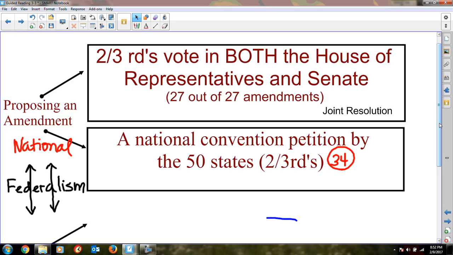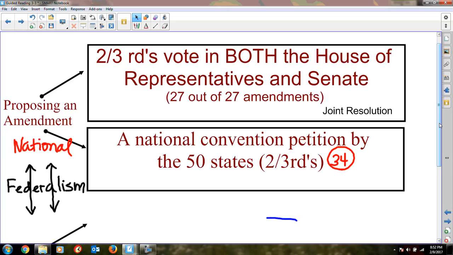Every so often you hear of what are called the Liberty Amendments. There has been a strong movement, I would say, in the last 5 years to give this a shot. So why haven't we had a national convention called by 2/3 of the states? The primary reason is because we've never done it.